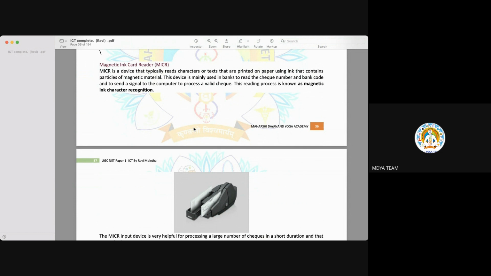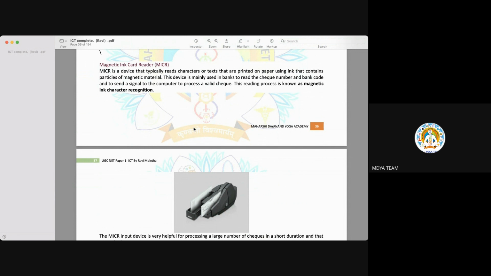If such text is inserted into the MICR, it reads it immediately and processes it, whether it is right or wrong. They are generally used in banks to read the check number. They are written in a different font and using a different ink.